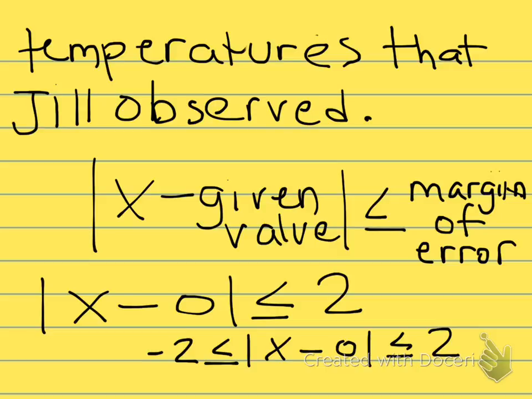So really what happens is that 0, you can't add 0 to anything, it doesn't do anything to it, so it ends up being the range of values: x is less than or equal to 2 and x is greater than or equal to negative 2. And that would be our answer. And that concludes lesson 5.5.